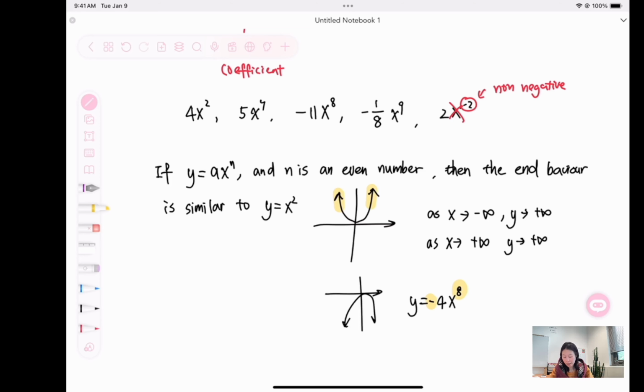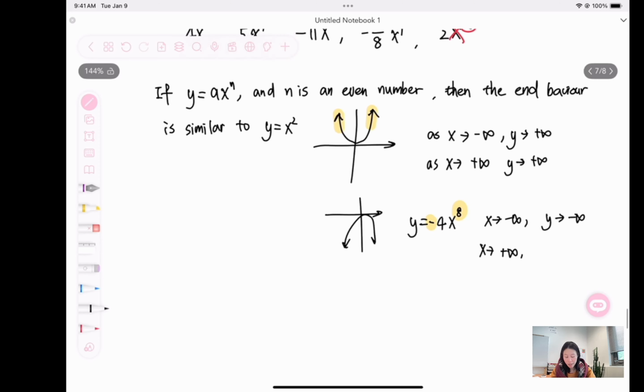So that means as x goes to the left, which is negative infinity, y will go down, which is negative infinity. As x goes to positive infinity, that means going to the right, y also goes to negative infinity. Anyway, all of these power functions, if they have an even power, are going to be similar to y equals x squared.